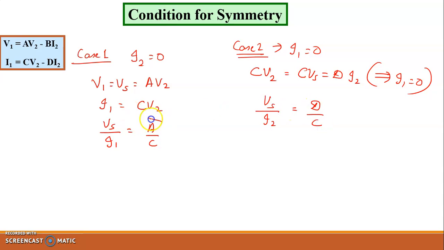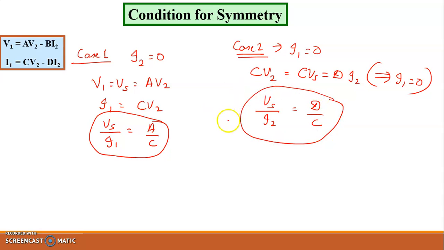So this is the condition obtained when I2 is equal to 0, and this is the condition obtained for I1 equal to 0. For making the circuit symmetrical, I need to make the ratio Vs by I1 equal to Vs by I2.